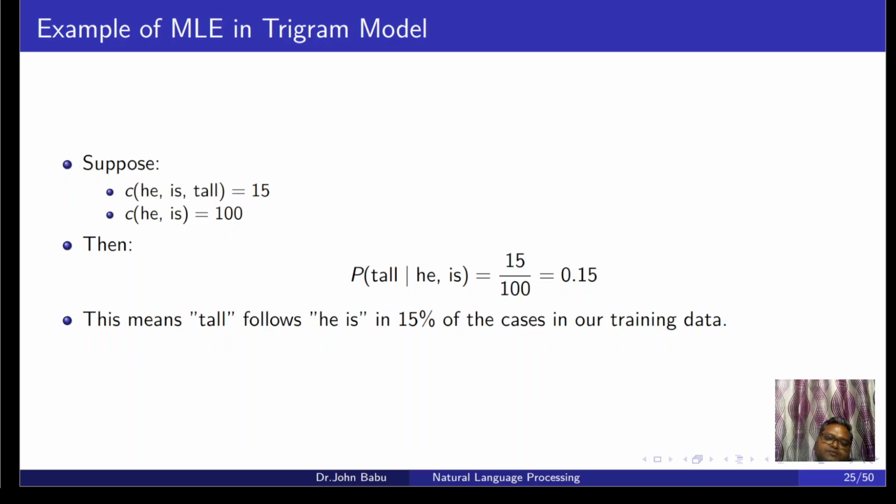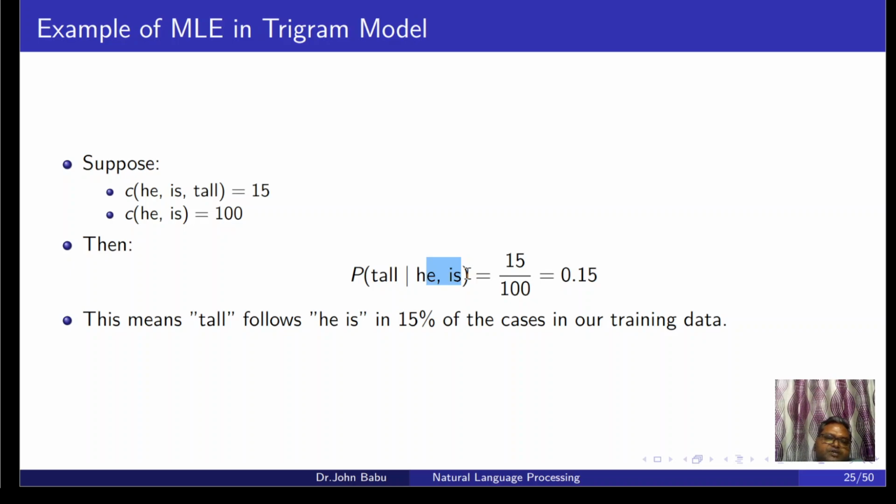But there is one problem with this likelihood estimation. Suppose I have a trigram, "he is fair". Is it wrong? No, it is correct. It can happen. But unfortunately, I don't have that trigram in my training data. So what will be the probability? 0. The probability of "fair" after "he is" is 0.